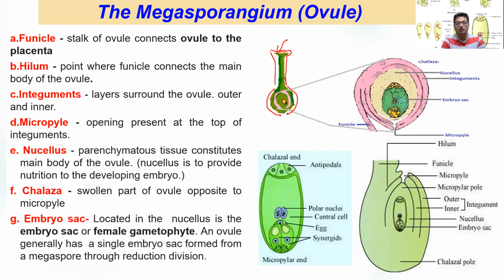So technically you should know certain things. Funicle, what do we call a funicle? The stalk of ovule that connects ovule to the placenta. Ovule is connected to the placenta using a stalk. Here you can see this stalk. This stalk is called as funicle.